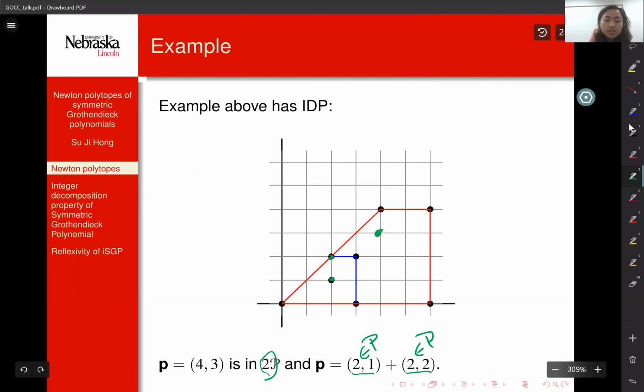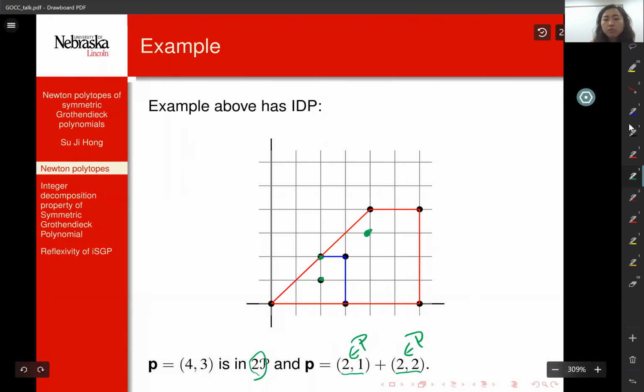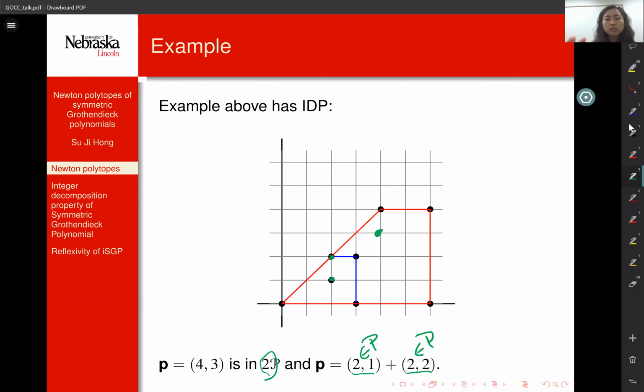This doesn't always happen. We wanted to show that for the Newton polytope of symmetric Grothendieck polynomials, this always happens.